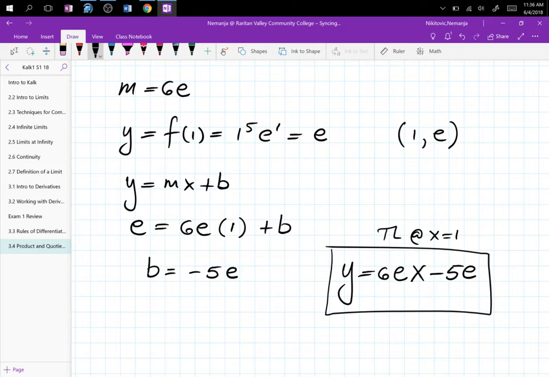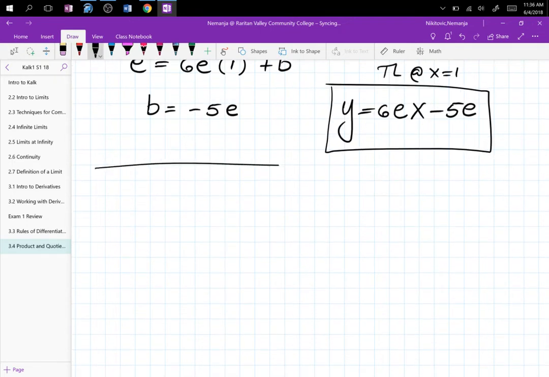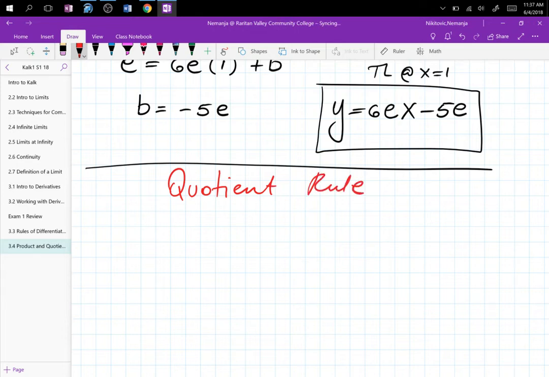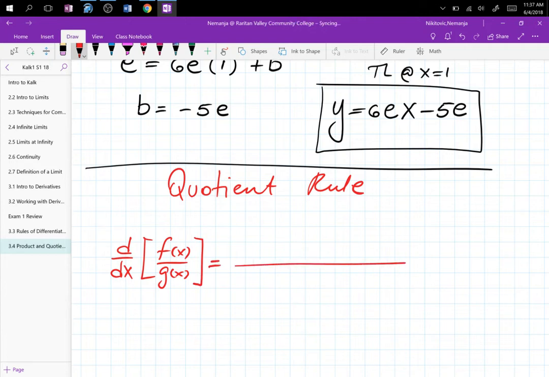Second half of this lecture is the quotient rule, and it's the same deal. I give you the formula and a whole bunch of problems, you memorize the formula and just grind through, and that's it. Quotient rule: the derivative of the quotient of f and g is g of x times f prime minus f of x times g prime, divided by g squared.